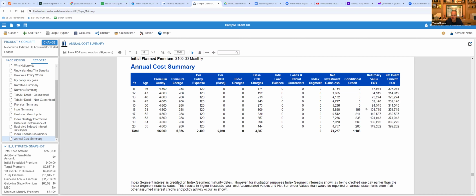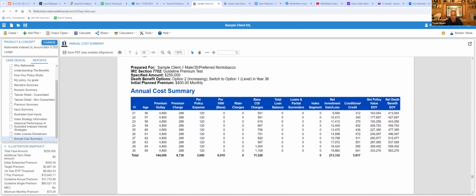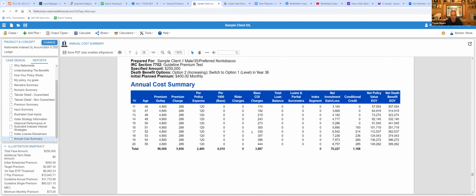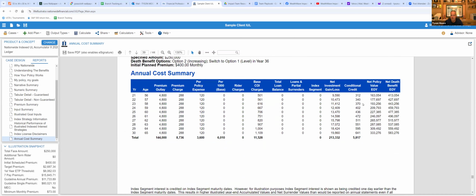Now $200 a year on this case isn't going to change a client's life. But what's interesting, and we'll cover this on a VUL sometime, is that I show this and I say, now look at this. Yes, we have some higher level fees in the first 10 years. We talked through that. But in this policy, I often find on a VUL that the conditional credit endorsement is enough to basically offset the cost of insurance charges.